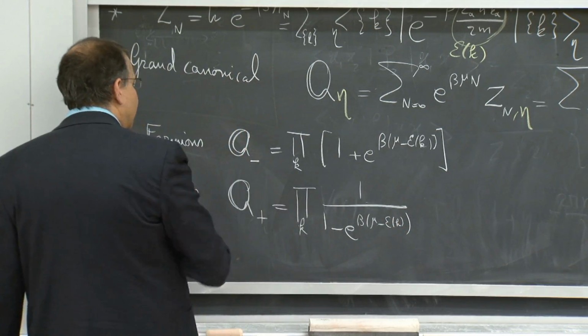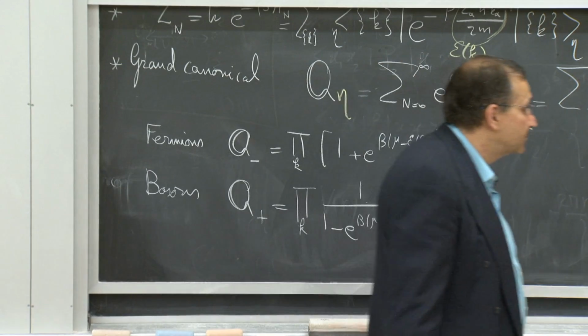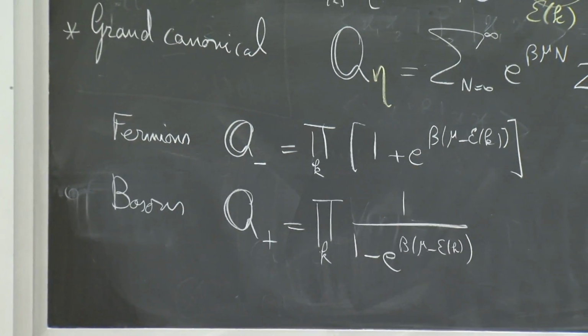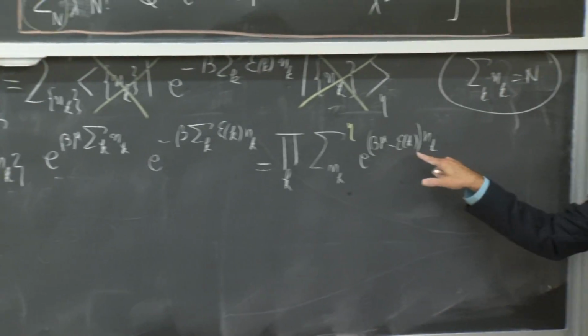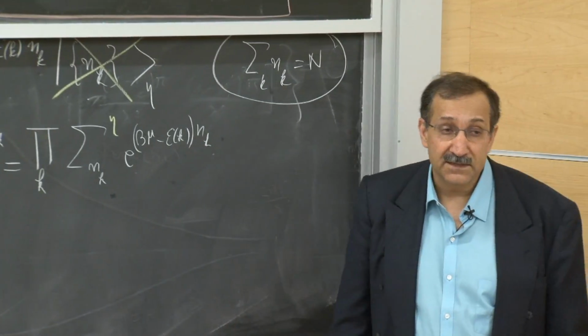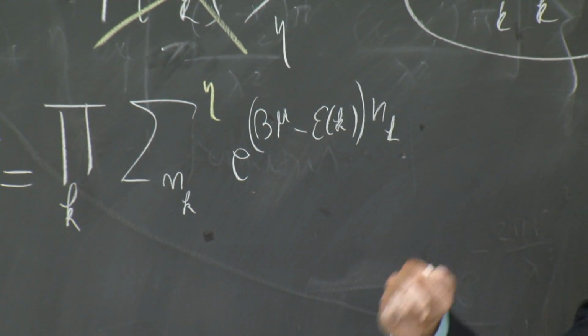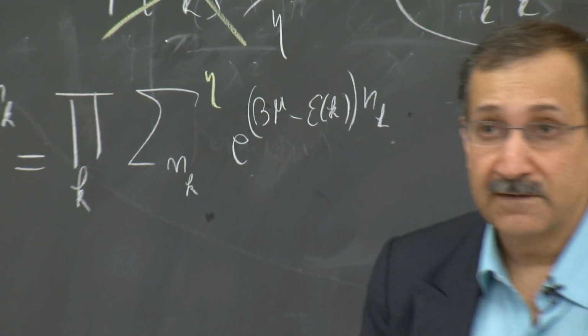Actually, for future reference, note that I would be able to do this geometric sum provided that this combination beta mu minus epsilon of k is negative, so that the subsequent terms in this series are decaying.